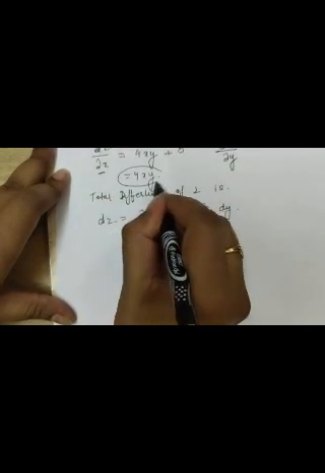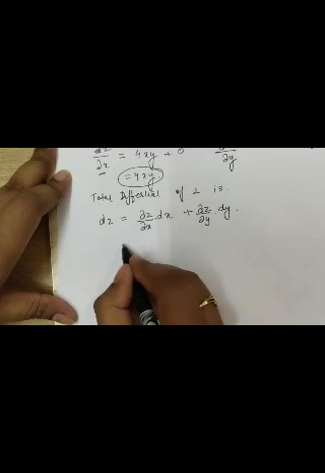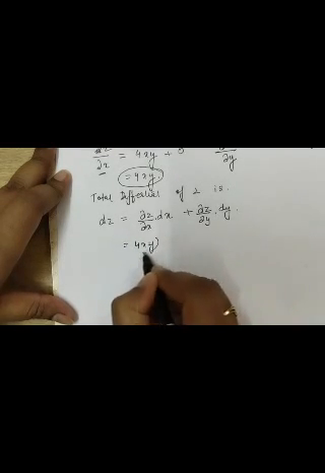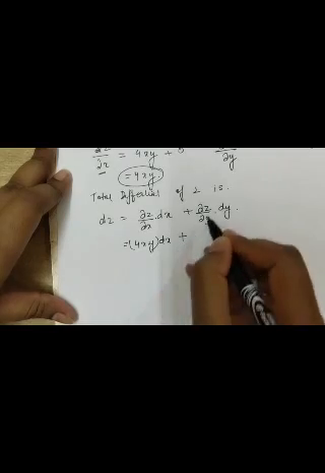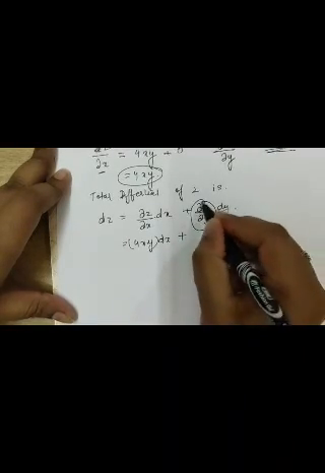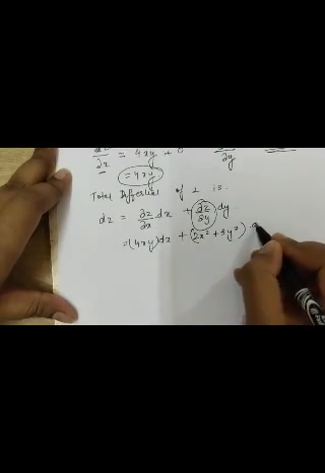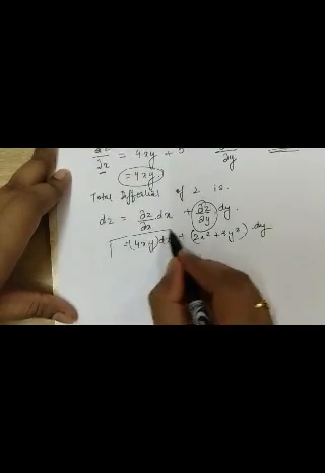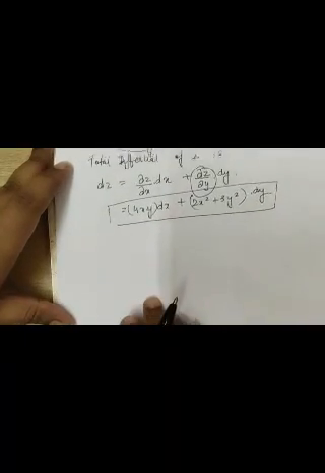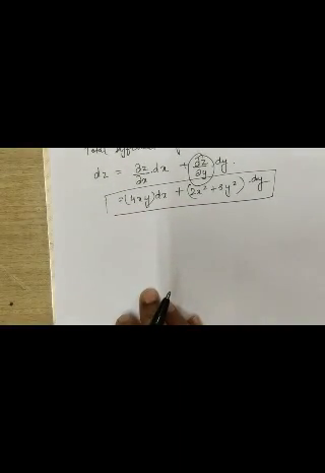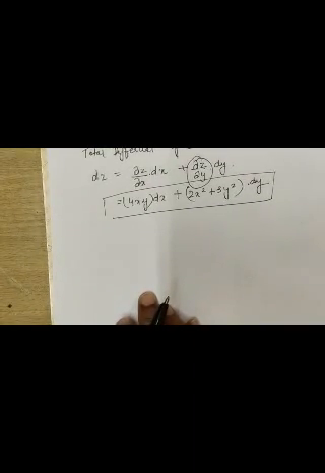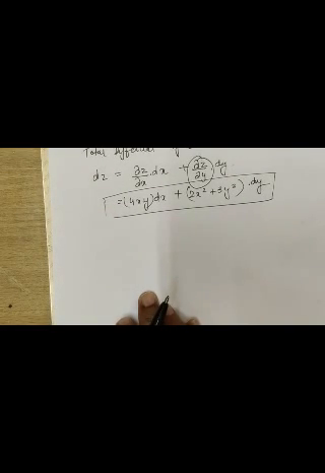We have got the answer of delta z by delta x, 4xy into dx, plus the answer for delta z by delta y, 2x square plus 3y square into dy. This is our answer. Clear? This is what we got as the total differential of z, the first order total differential.